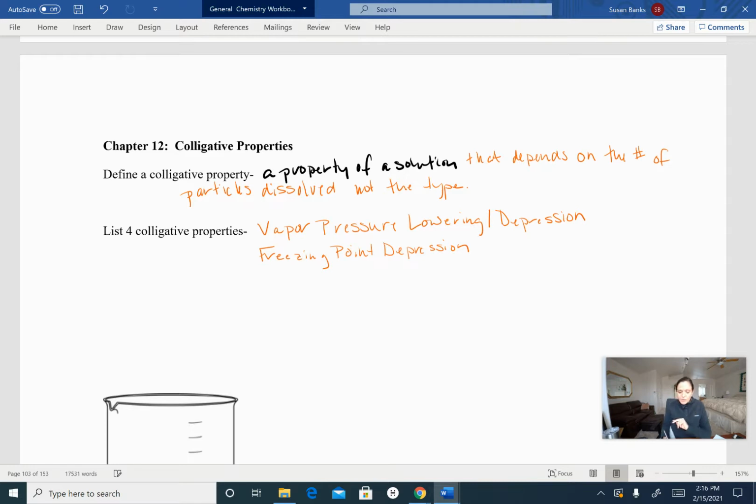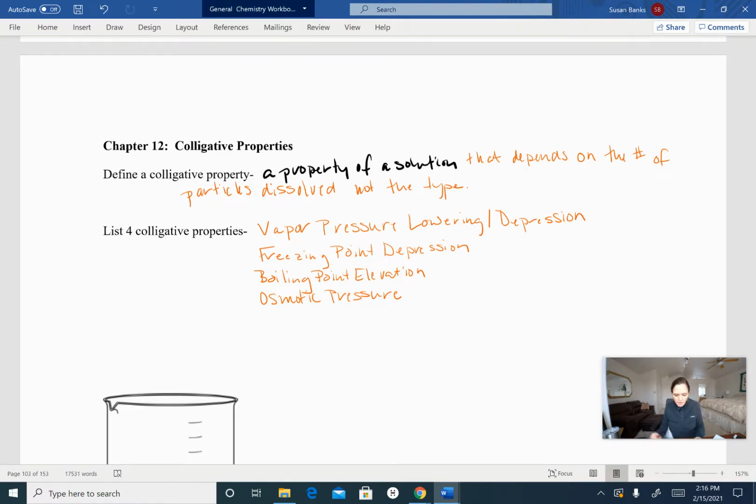And for our third one, we have boiling point elevation. And for our fourth one, we have osmotic pressure. So all 4 of these things, the vapor pressure, the freezing point, the boiling point, and the osmotic pressure, can all be changed based on the number of particles that I have dissolved in a solution.